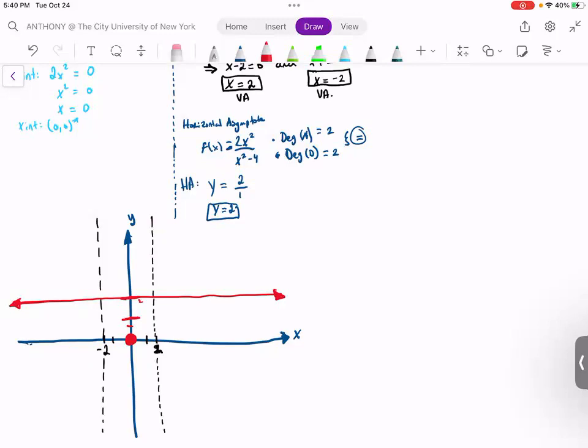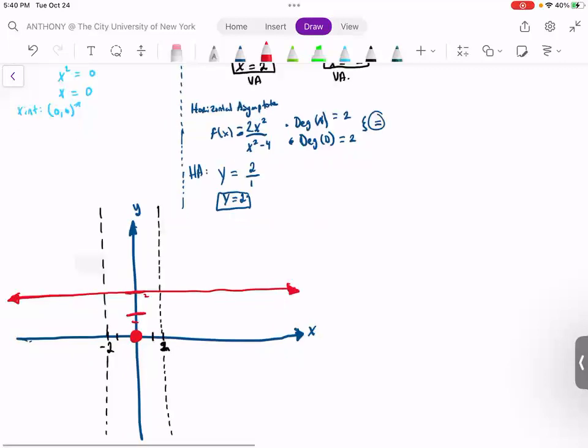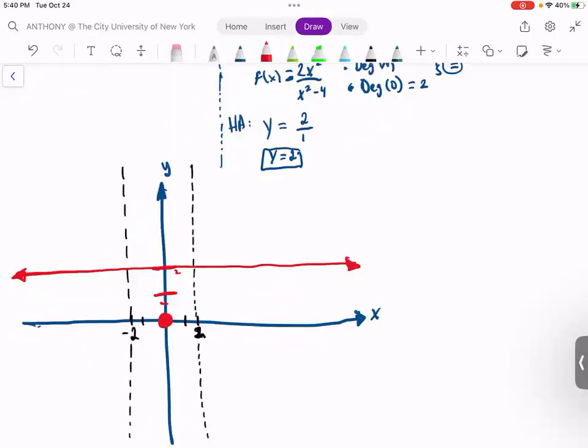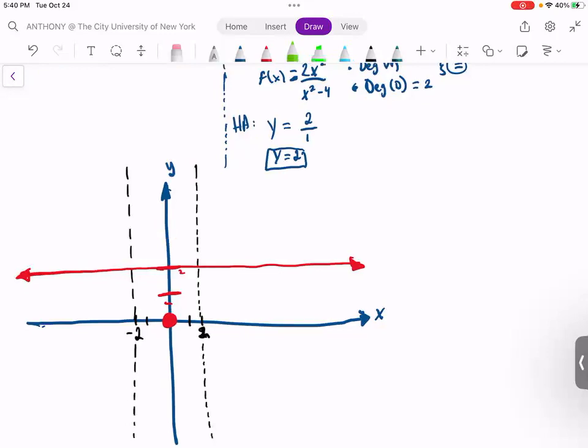All right, the first 4 steps are already plotted for us. Now we got to choose some additional points. Here's how we choose the additional points. For each vertical asymptote that I have here on my graph, I'm going to choose a test point to its left and to its right.